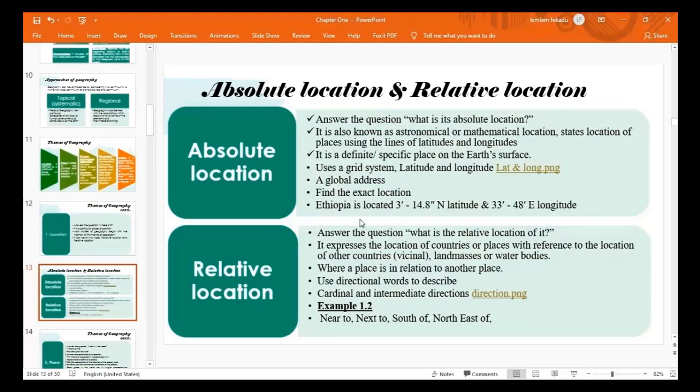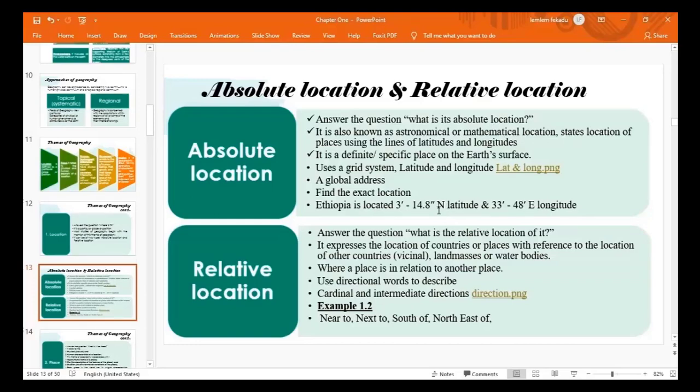For example, the absolute location of Ethiopia is 3 degrees up to 14.8 degrees north latitude, because latitude is measured from the equator to the north and to the south. So Ethiopia is located north of the equator.